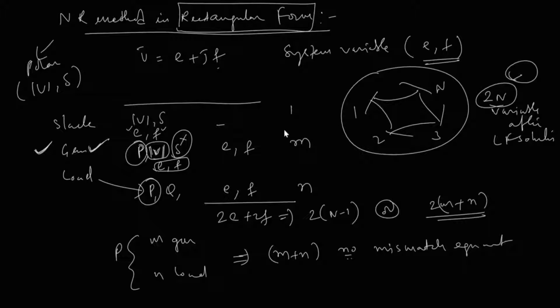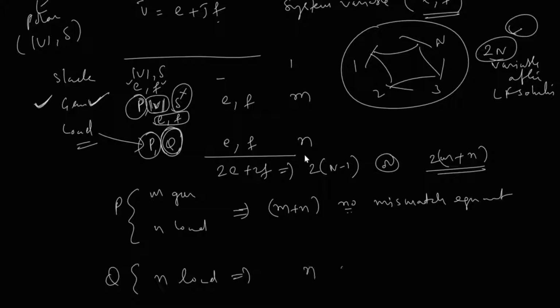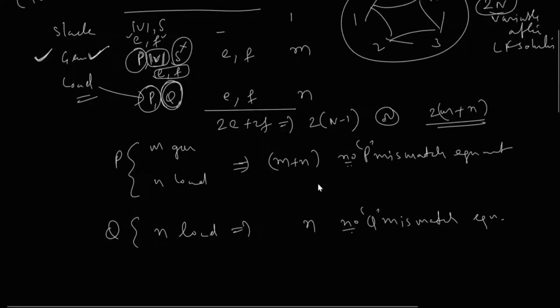And also Q is specified at load buses, only load buses. That means I can write n number of Q mismatch equations.